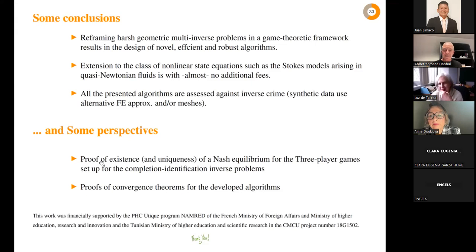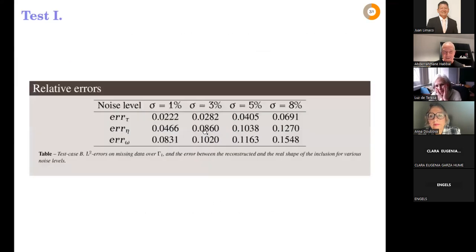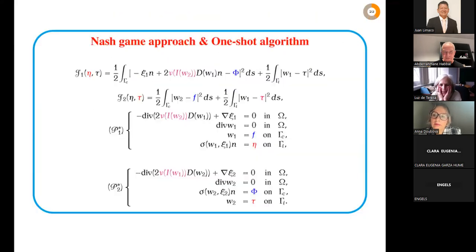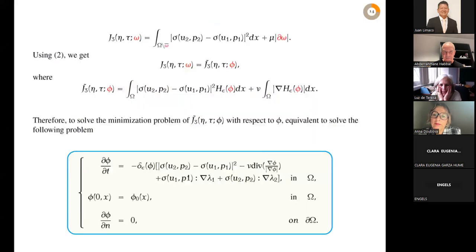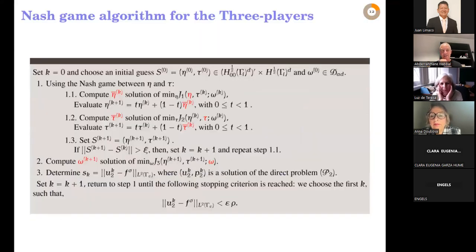But for Stackelberg, the answer is much more complex, because let me go up to the algorithm. We could have considered a Stackelberg game where omega is the leader and eta and tau are followers, or the converse, or consider eta and tau as the leaders and omega the follower.